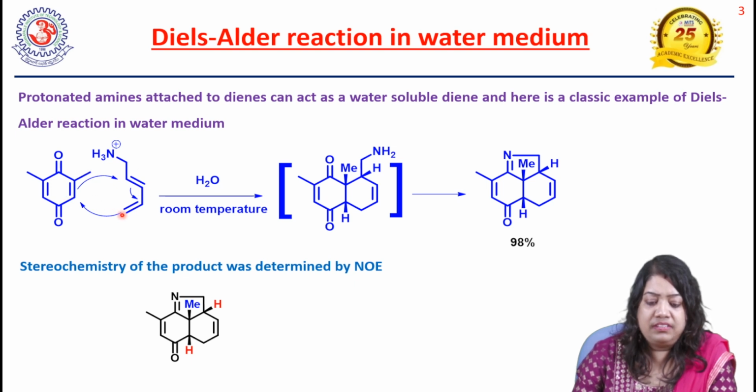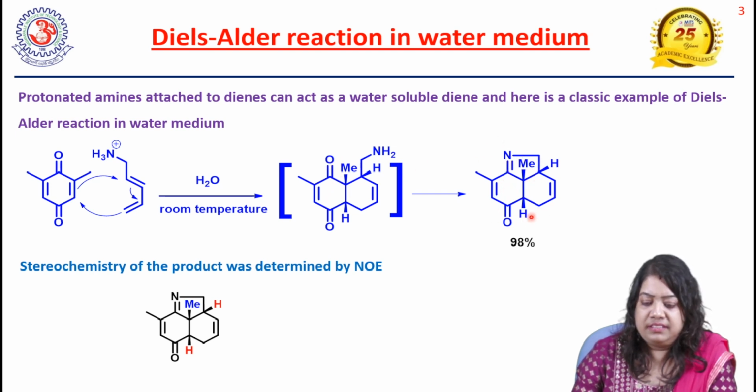These two starting materials undergo Diels-Alder reaction at room temperature in water medium to form this intermediate. You see electrons are moving around in this circular manner. And in this intermediate, this free amine will react with this carbonyl group to form a cyclic imine.